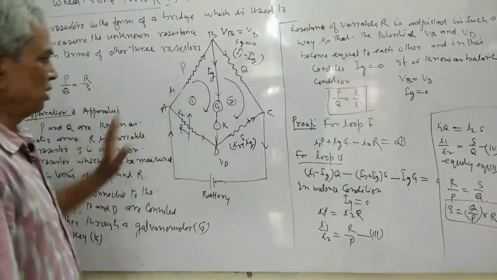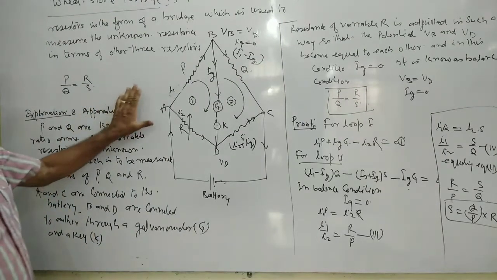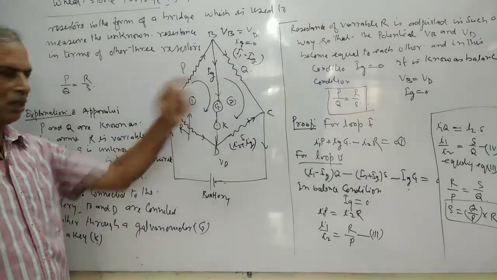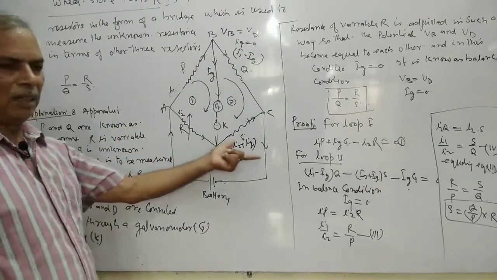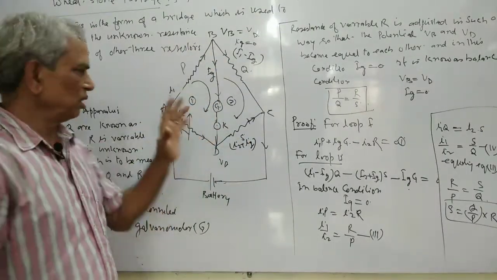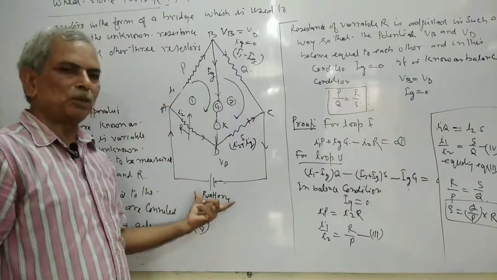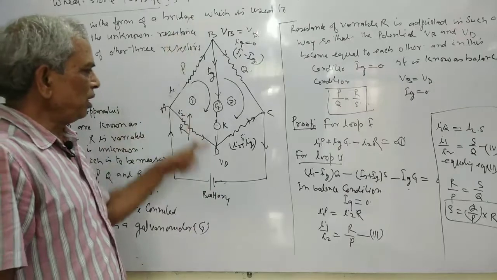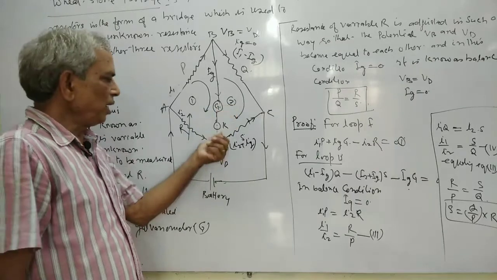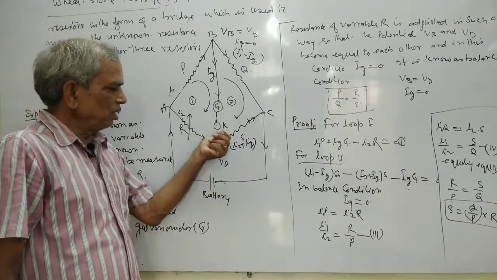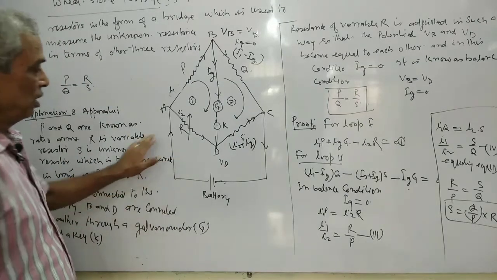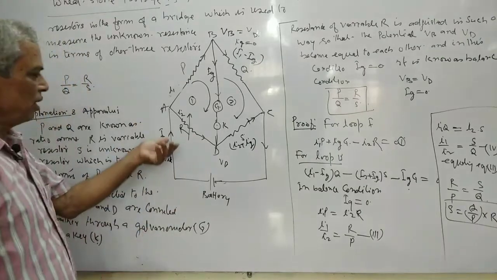This is our statement. Again, there are four resistors. P, Q are the ratio resistors, and R is the variable, and S is the unknown resistor. This is connected in the form of a bridge. Point A and C are connected to a battery, and point B and D are connected through a galvanometer having the resistance G and a key K. When K is closed, the current of the circuit I is divided in two parts.